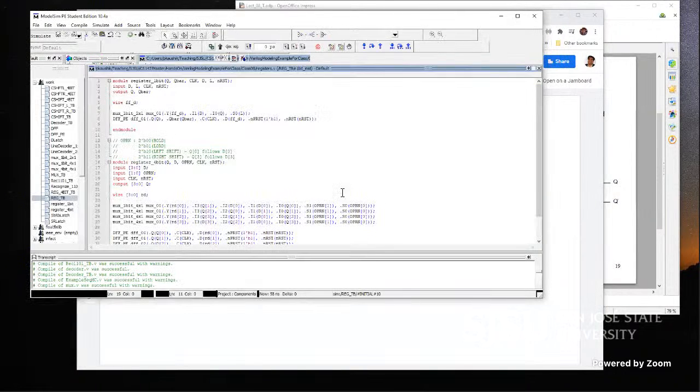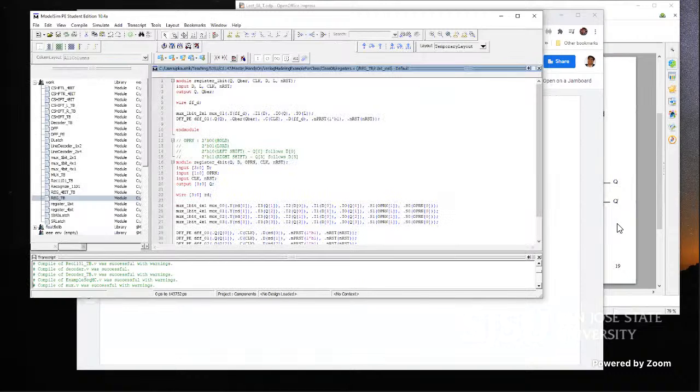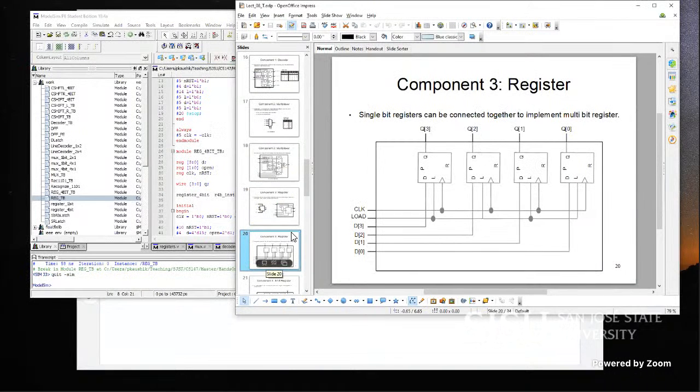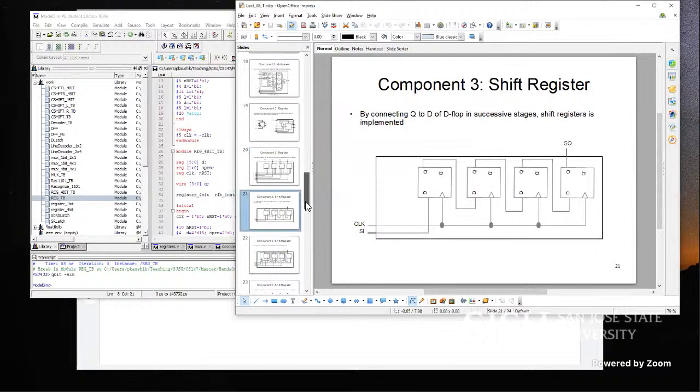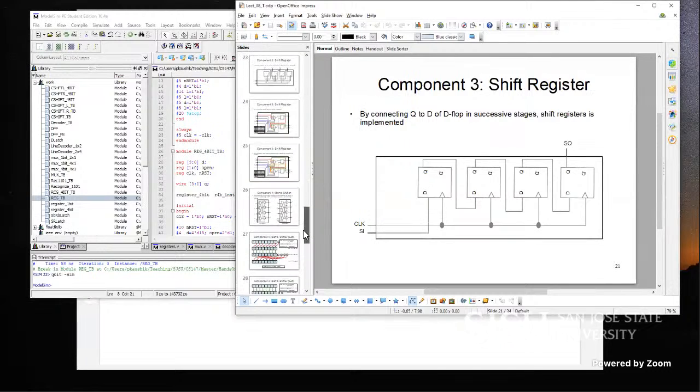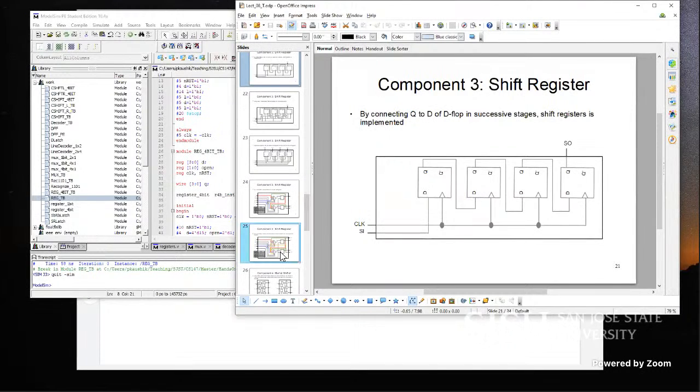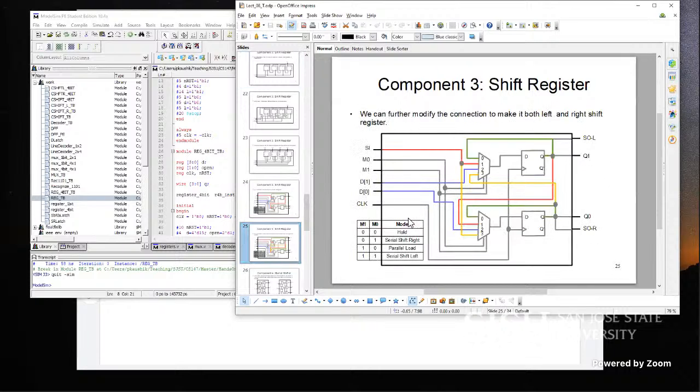Okay, now moving on to the next one. We discussed several things here like parallel load and scanning, the serial load, and then we have this daisy chain connection between the flops so that bits traverse in one direction to the other and so on and so forth. But at the end of the day, we came up with some complex register. It's a 2-bit register, which has shift capability in both directions, also parallel load, also serial load, that kind of multifunctionality.